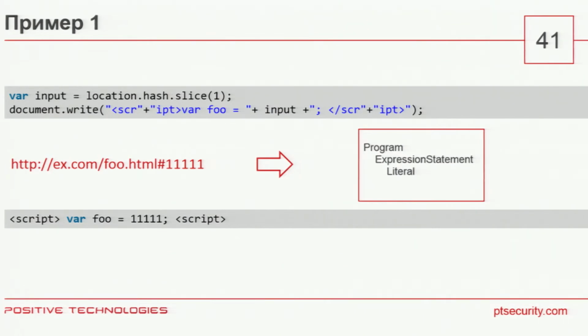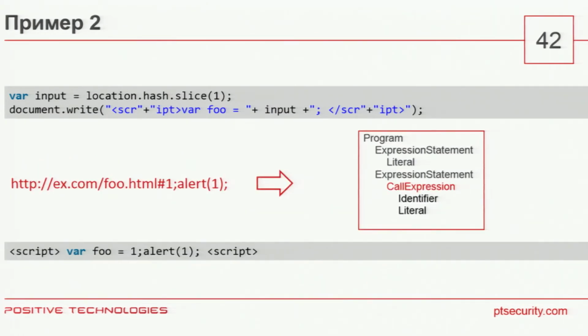And as a result, we'll get this code. If we enter this value, which for the right context will allow us to execute the alert(1) command, this line, if we pass it, will contain a dangerous construct, call expression. If we see call expression, then we need to ban it.